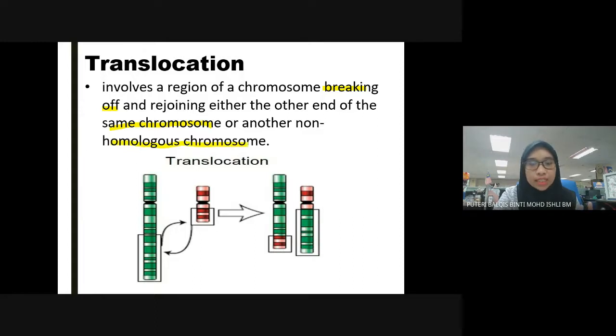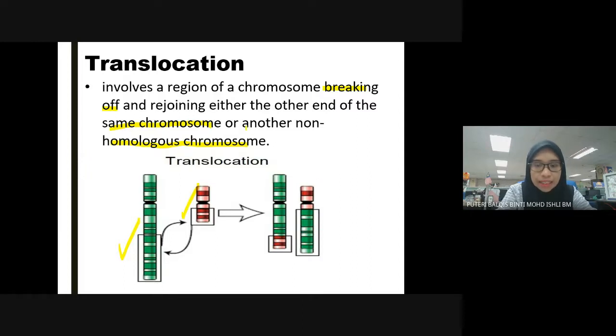Translocate maksudnya dia akan pergi join orang lain ataupun dia akan pergi join dengan dia juga. So dua-dua break off kat sini, lepas tu dia tukar. Yang pink pergi ke sini, yang green pergi ke sini.